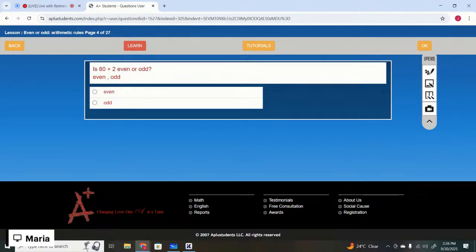Is 80 plus 2 even or odd? So adding two even numbers is always an even number.